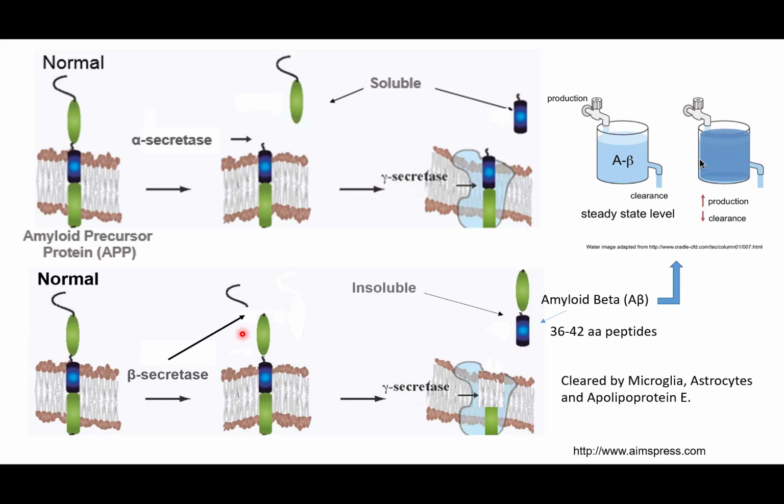They have a problem in the signal transduction that regulates beta secretase, telling it to make more beta secretase. Make more, make more, make more. Make a bunch of beta secretase. Whoa, why? Because all you're going to do is keep making a whole bunch of this insoluble one and hope to God that your microglia and astrocytes can work really well to clear this up. But they can't keep up.